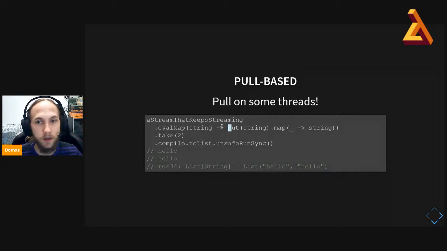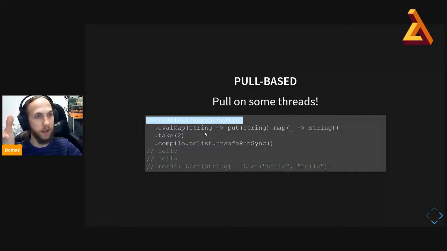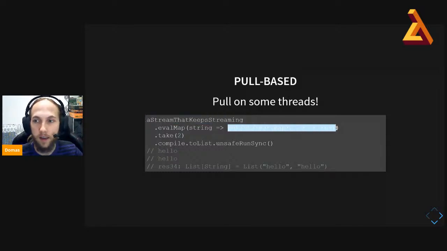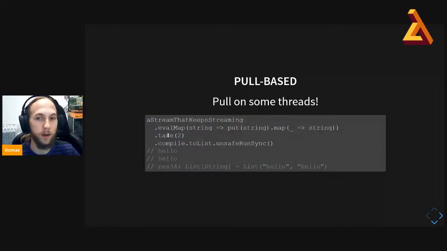Vowelmap says, well, I will if this gives me the next element, and then I can execute this function. This is an infinite stream, so indeed it has the next element for us to look at. We get that next element, evaluate this function, take its result, pass it down to take. Take takes note that, oh, I emitted one value, crosses that one out, and throws it at toList.